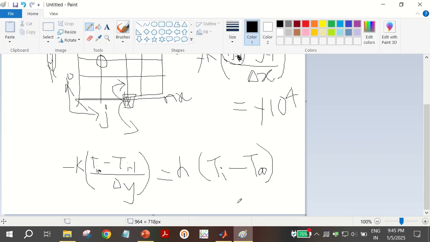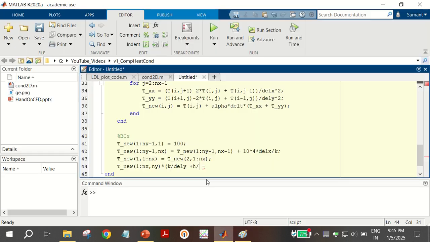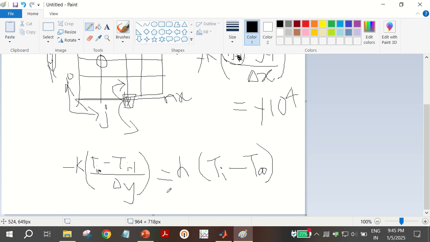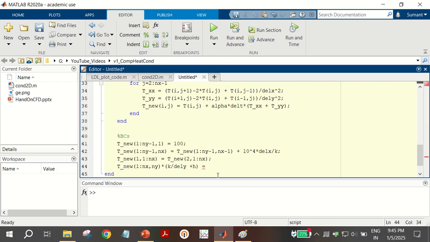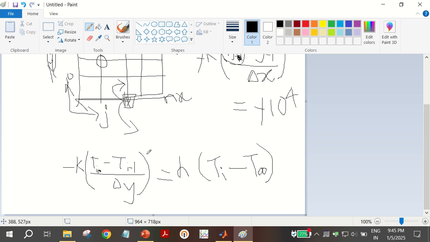It's h itself, not upon something. On the right hand side you will have h into T infinity, and then something else coming from here, so it will again become plus.